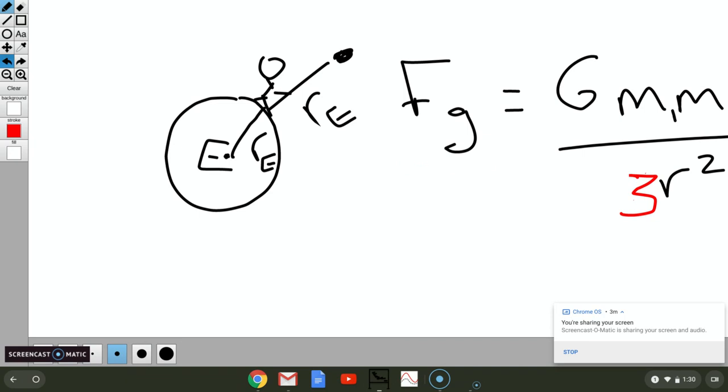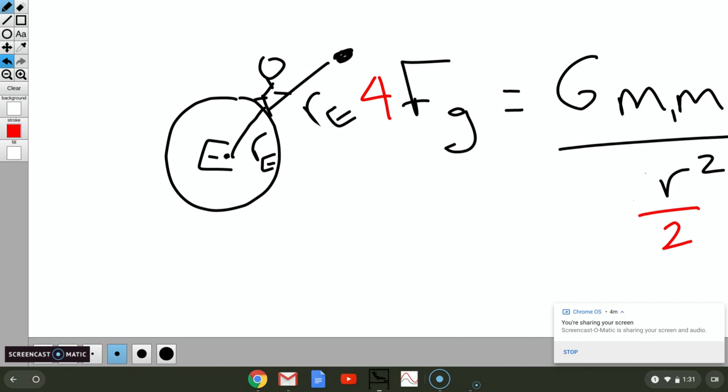Now, if I divide the radius by half, the inverse of 1/2 squared is 4. So I would be multiplying by 4. So it's not just an inverse relationship, it is the inverse squared relationship. Okay?